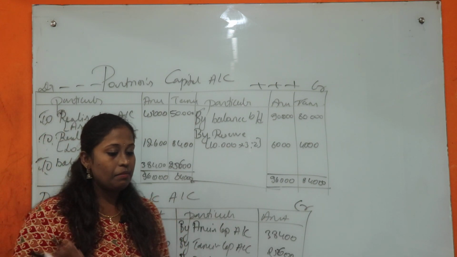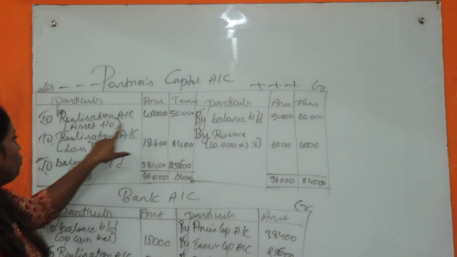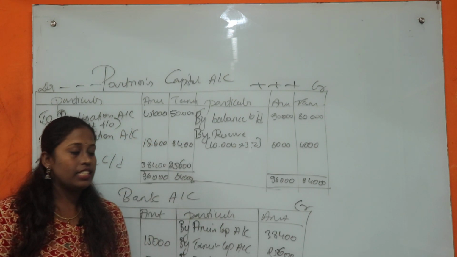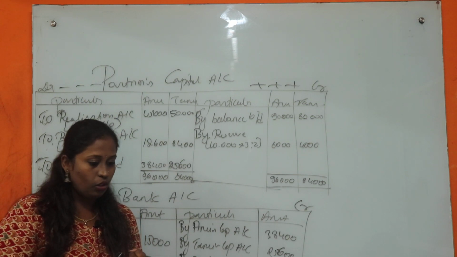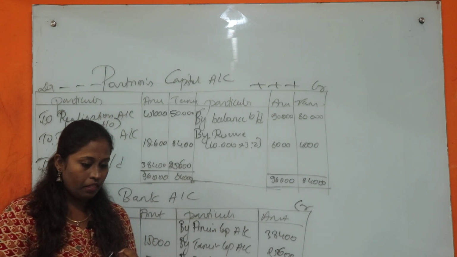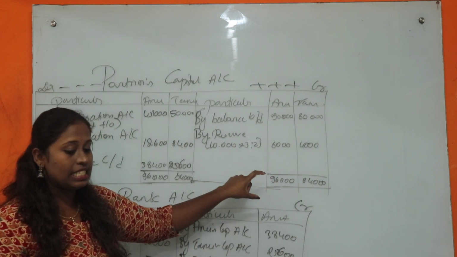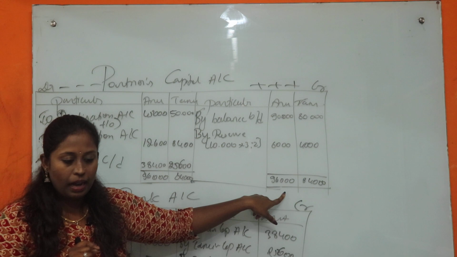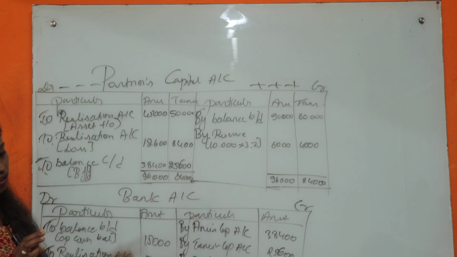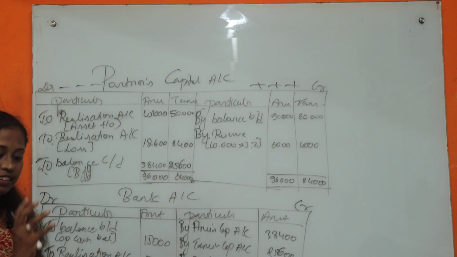You will take over some asset whose value is 45,000. Will the company pay you 96,000 along with the 45,000? No, right? It's just that entry over there. Out of the 96,000 the firm has to pay you, you have taken over 45,000 worth of asset, so that will be deducted.